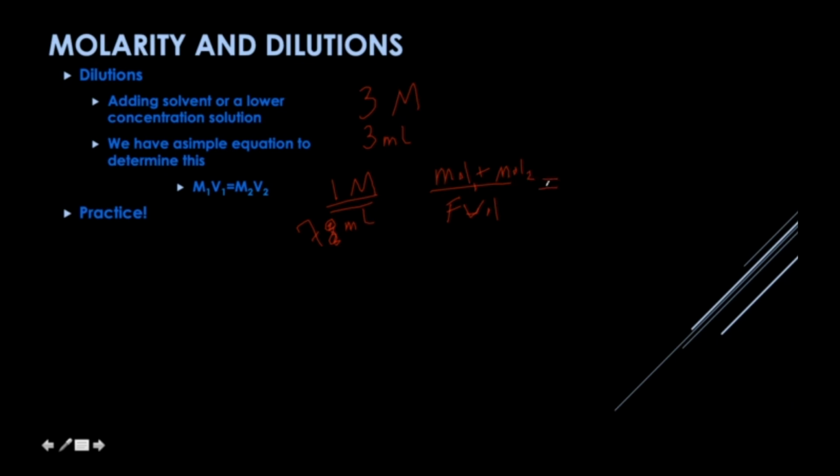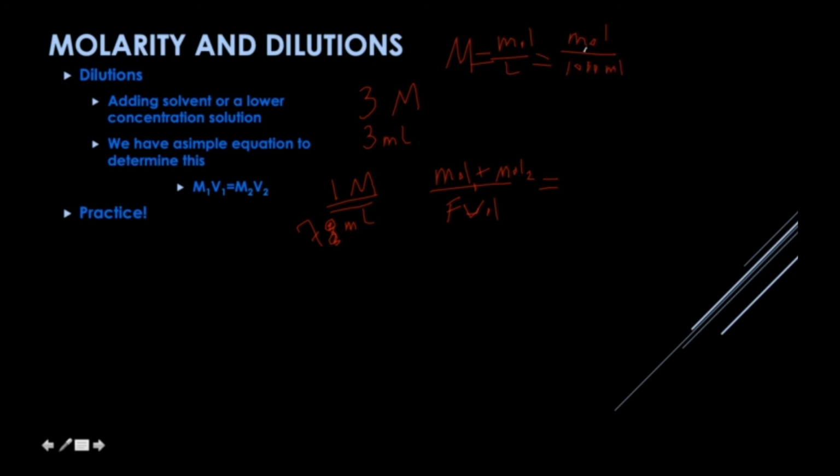So our moles would be, for the first one, 3 molar, which is 3 moles per liter. So every time you see this capital M, you should automatically think moles per liter. If that doesn't work for you, then you have 3 moles for every 1,000 milliliters.